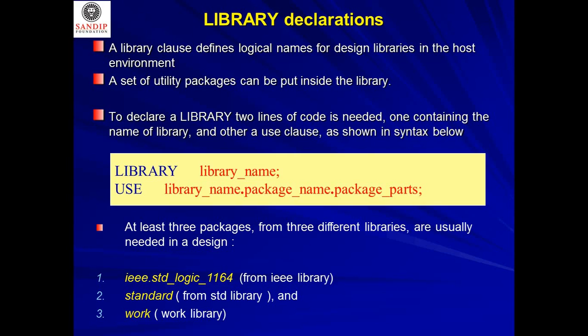First package is IEEE.std_logic_1164. This package is included inside the library IEEE. Second library is nothing but the standard library, which is declared as std. Third library is a work library.